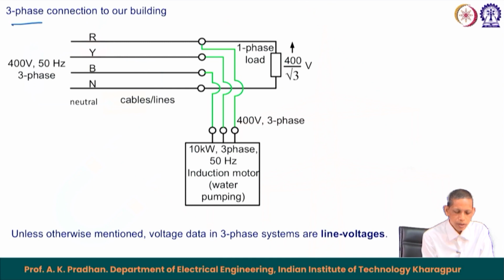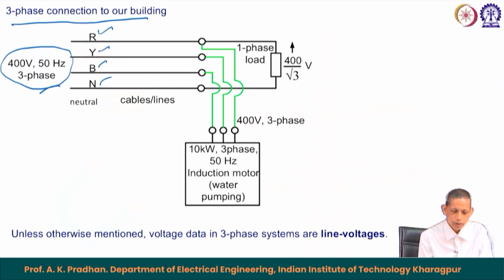Now, a 3 phase connection to our building, if you see it from the star connected load or whatever connections we have. So, this is, let us say, a 400 volt 50 Hz 3 phase system R, Y, B and N, the neutral.